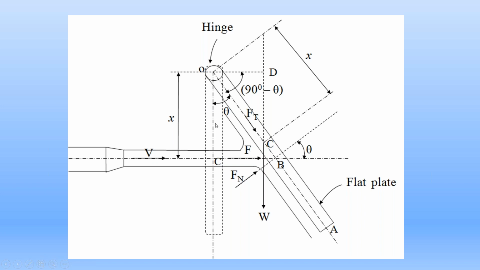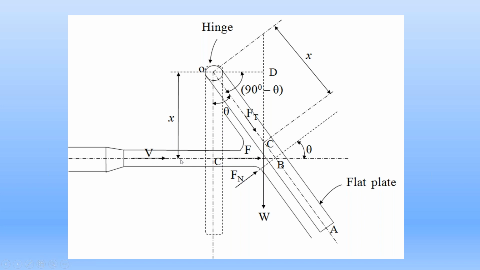Because of the impact of the water jet on the metal plate, due to this hinge, the metal plate is subjected to deflection. After the deflection, let the metal plate make an angle theta with the vertical. We are going to find the equation for this theta, the angle of deflection of the hinged metal plate due to the impact of the water jet.